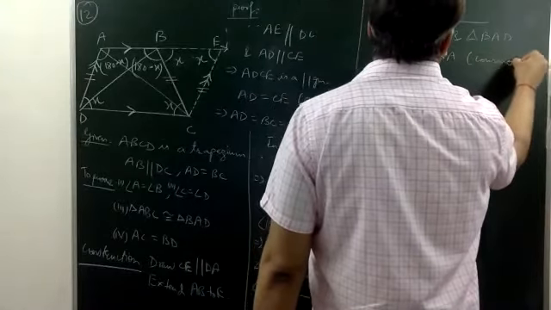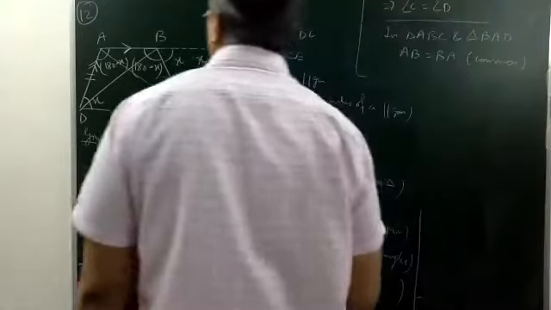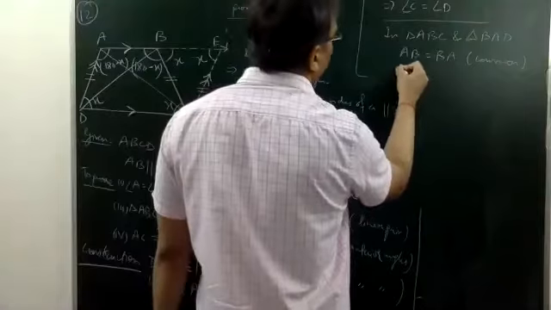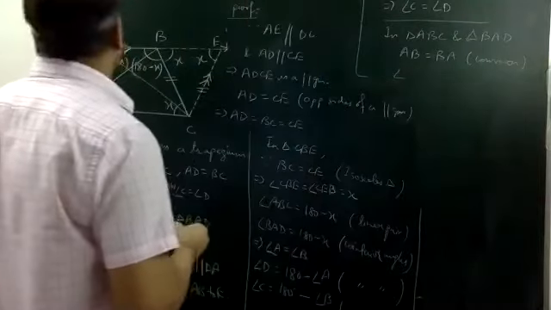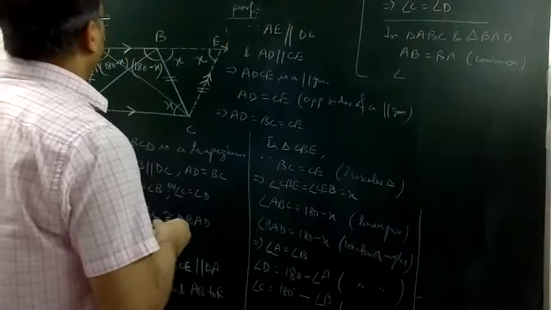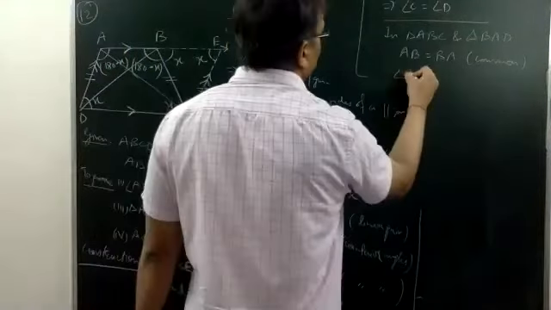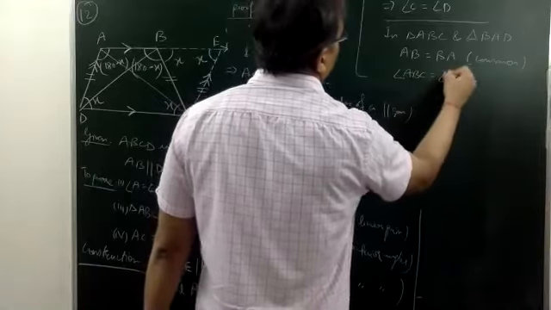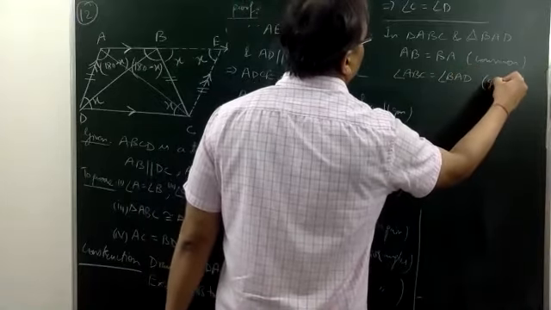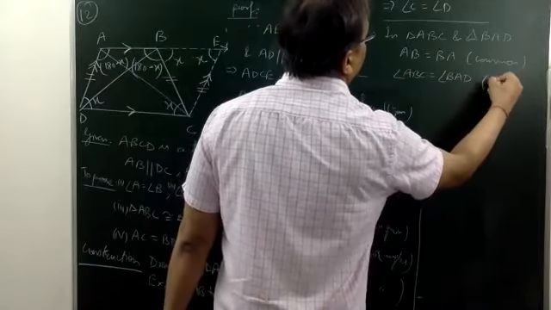This is common between both these. And AD is equal to BC. इसके अलावा एंगल BAD ABC कह रहा है, तो angle ABC is equal to angle BAD.